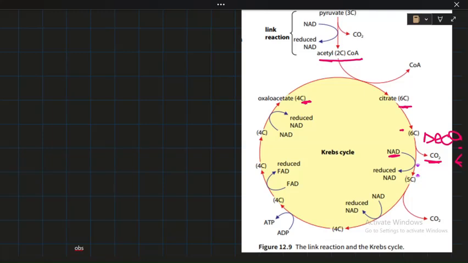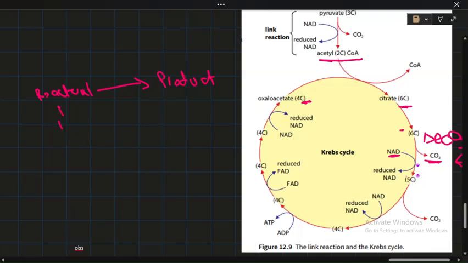Then by substrate phosphorylation, I don't know if I discussed substrate phosphorylation in the last video, but substrate phosphorylation means that when a reactant or an intermediate in a series of reactions moves into product, it has a phosphate attached to it, and ADP comes and takes that phosphate with it and leaves as ATP.